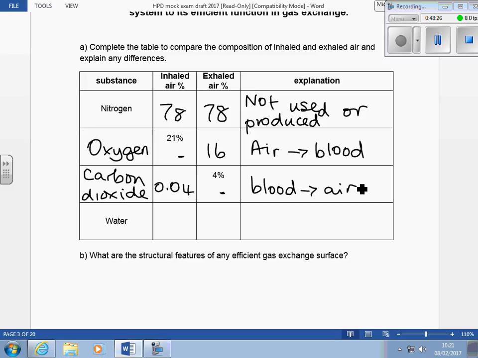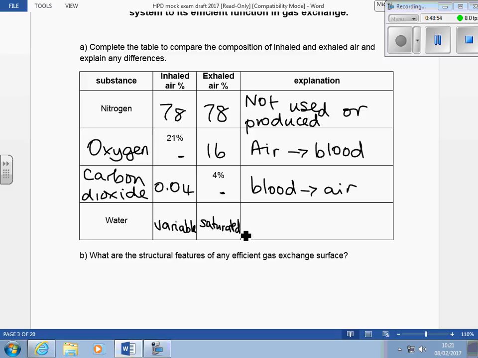Then water is always a slightly odd one. Inhaled air, variable, and then out, it is saturated. It might be saturated on the way in, but the reason is not so much to do with the carriage of gases, but just that the surface of the lungs is moist.